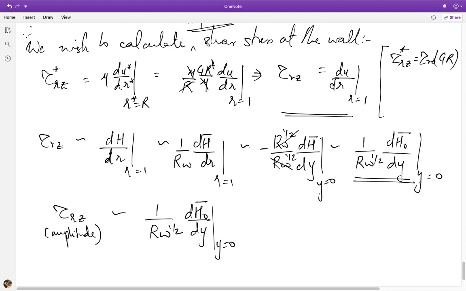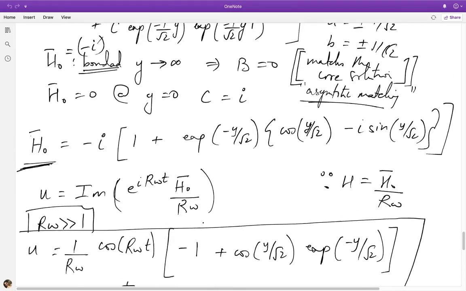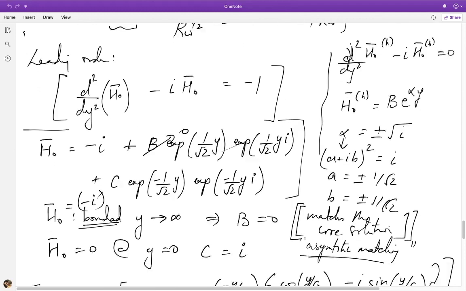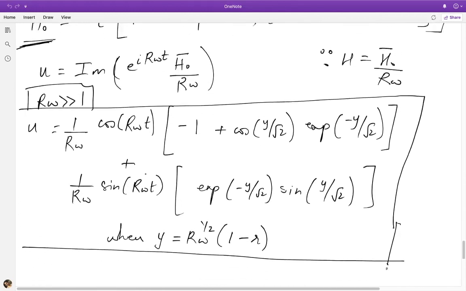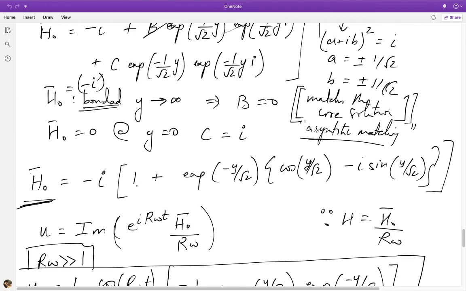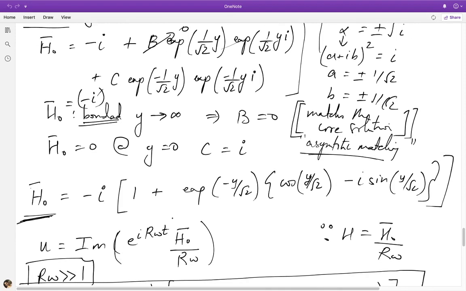Right. So in our case, we were able to solve this equation for H naught bar. Therefore we have the solution that we can simply differentiate right here, which is an order 1 quantity. You see it has no dependency on Rw anymore, as expected, because of the way we constructed the problem for H bar naught.